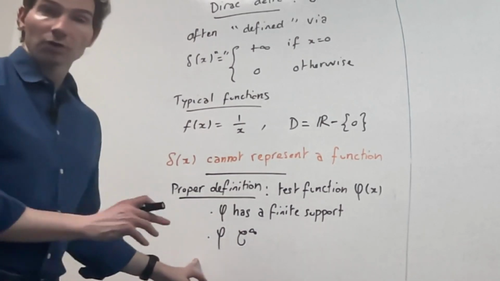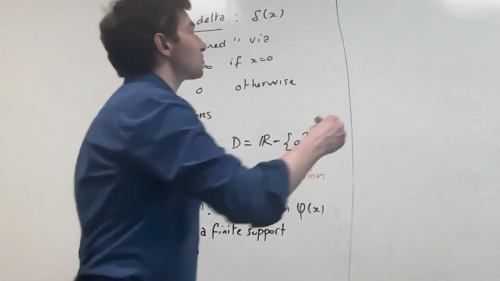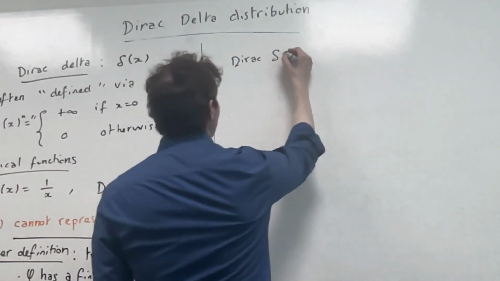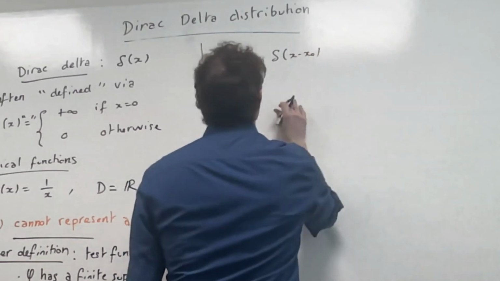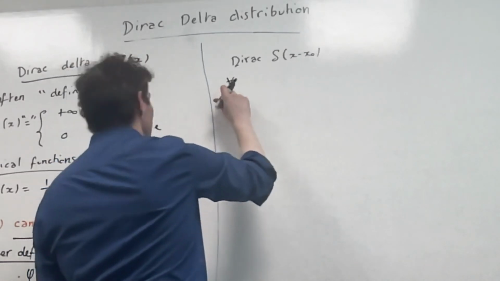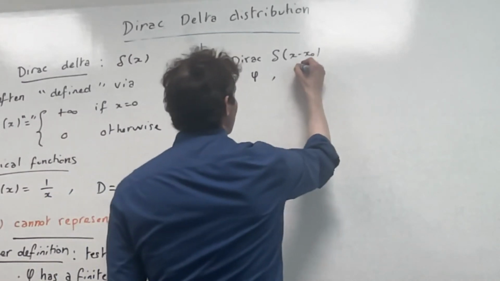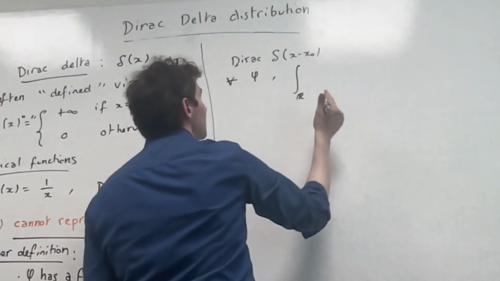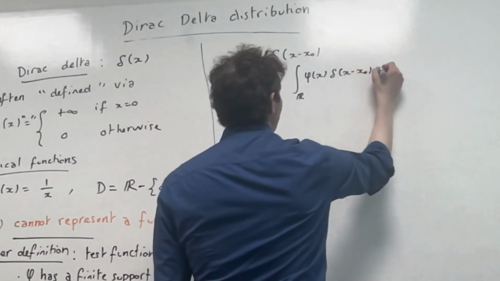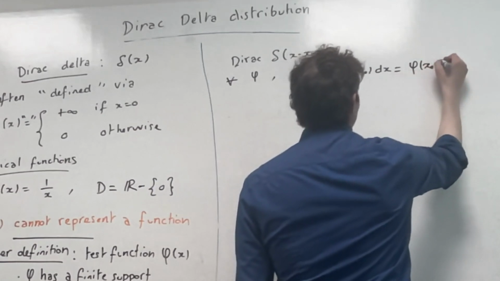Okay. So once you have these test functions, then you can define the delta object, and you say that the Dirac delta, and here I'm going to put x minus x naught, is defined such that for any phi, we have that the integral over the reals of phi of x delta of x minus x naught dx is equal to phi of x naught.